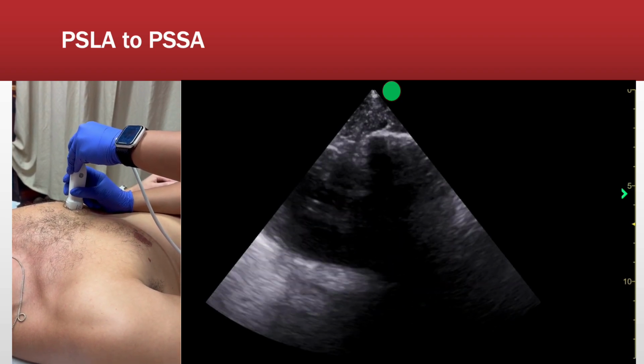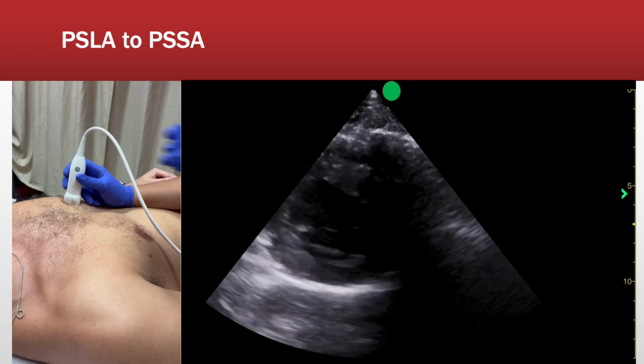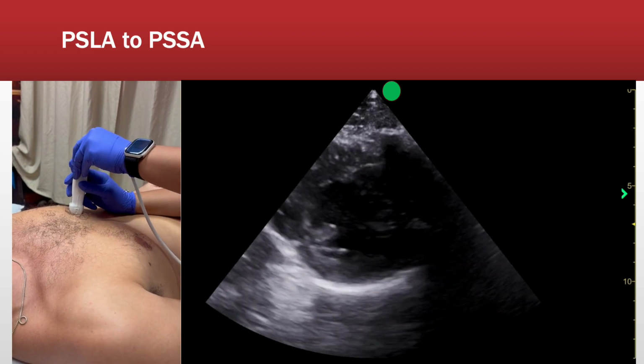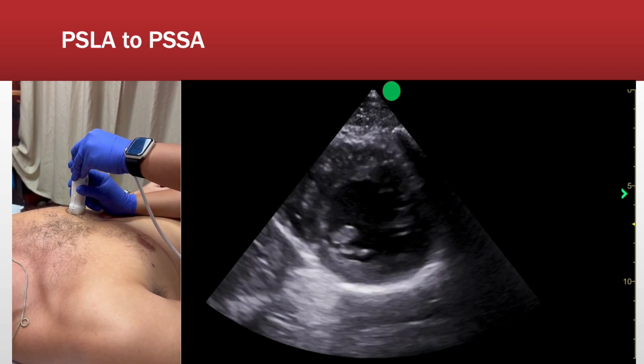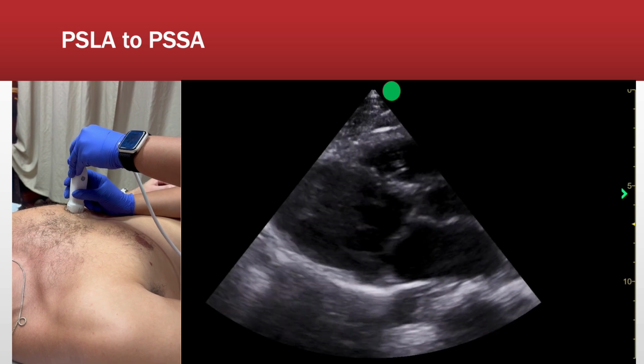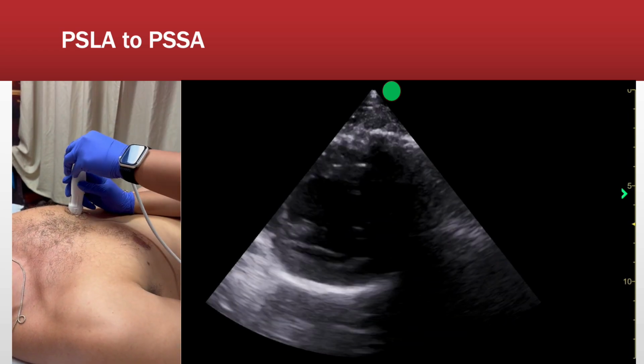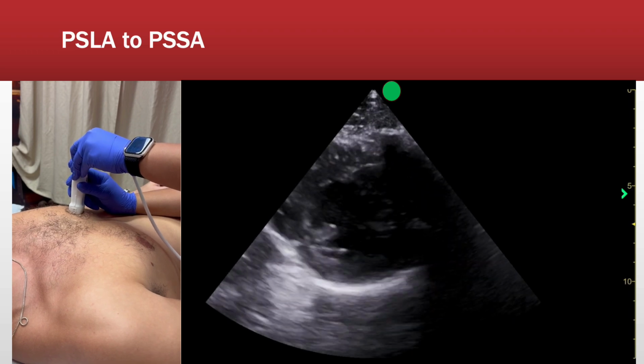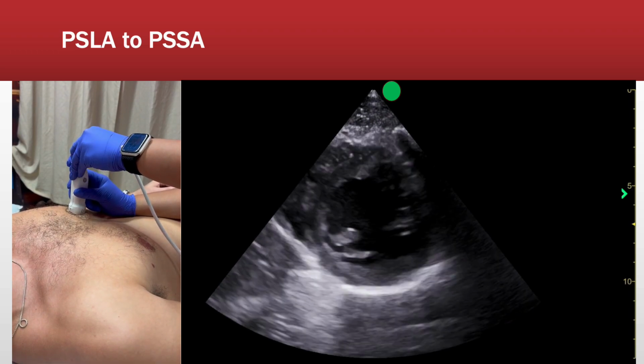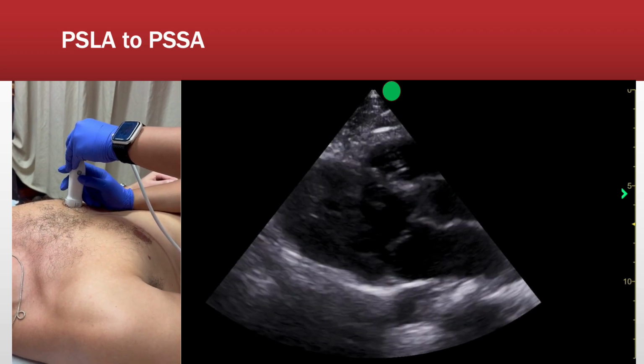So as I rotate, the first structure that's going to pop up on my screen, as you can see, was kind of like a hybrid of mitral valve and papillary muscles right here. So I'll show you guys again. We could see a little bit of that mitral valve coming into view initially, and now we only see the papillary muscles.